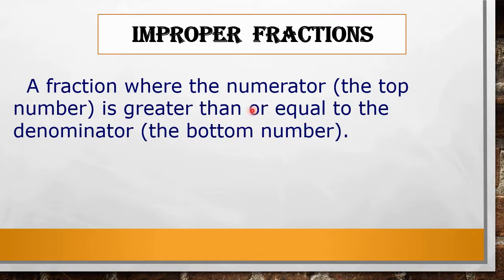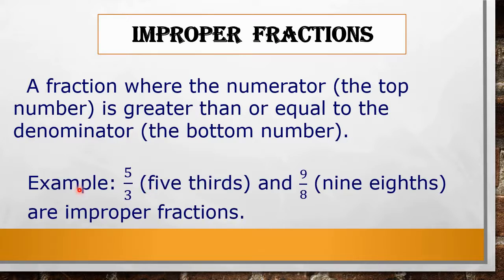So when the numerator is greater than or equal to the denominator, we call that an improper fraction. Let's see an example. 5 by 3 means 5/3 and 9 by 8 means 9/8 are improper fractions.